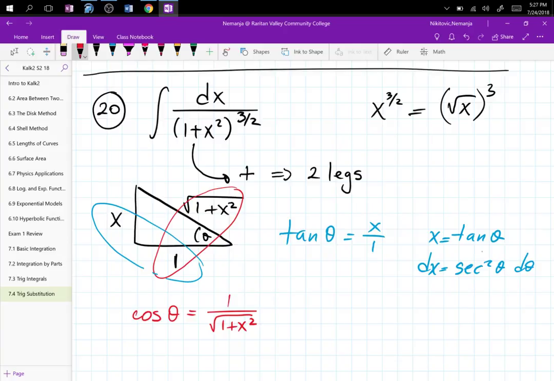Now we need to solve for the square root of 1 plus x squared, because that's the piece that we have to substitute. So now from there I have that the square root of 1 plus x squared, if I flip the left side, I have to flip the other side, so that is 1 over cosine theta. And 1 over cosine theta is secant theta.